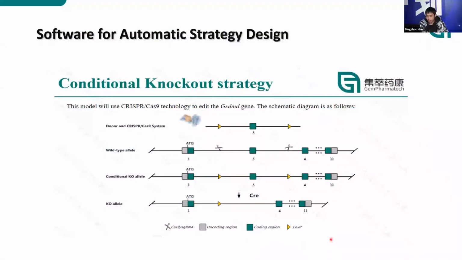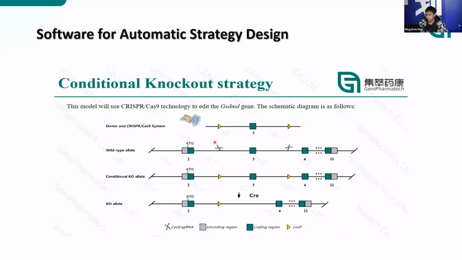So why could we launch and efficiently do this Knockout All project in our facility? We used a lot of automated strategies. We developed software for strategy design to generate conventional and conditional knockout strategies.